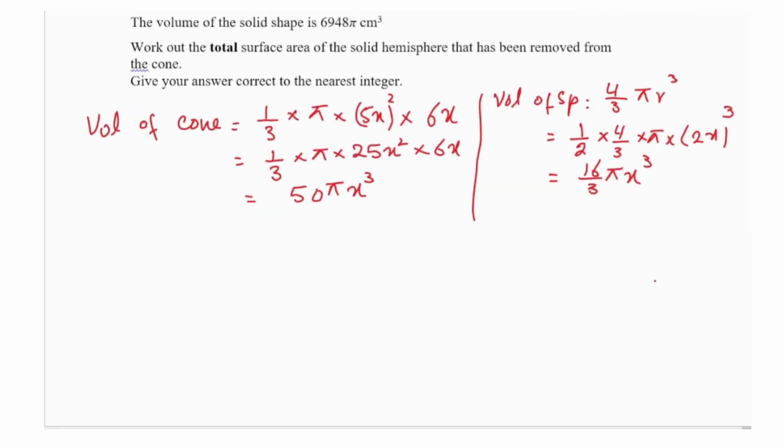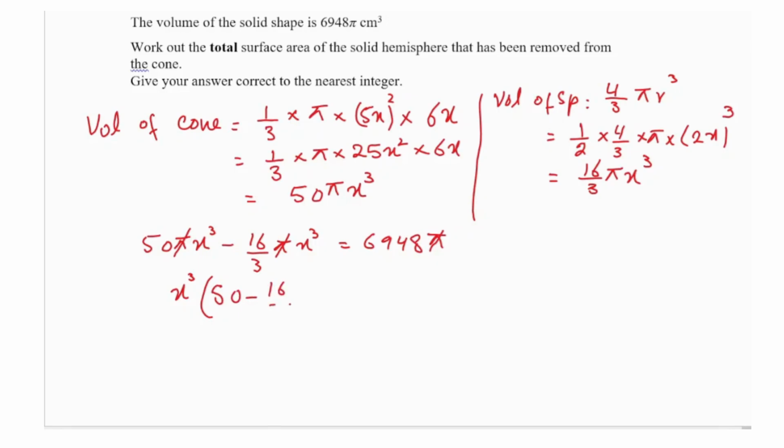Now we know what the difference of the volumes is, so we're going to use this information and find out. We know that 50πx³ minus 16/3 πx³ is equal to 6,948π. Because we have π in everything, π will be cancelled out. So we're going to factorize with x³. We're left with x³ times (50 minus 16/3) equals 6948.